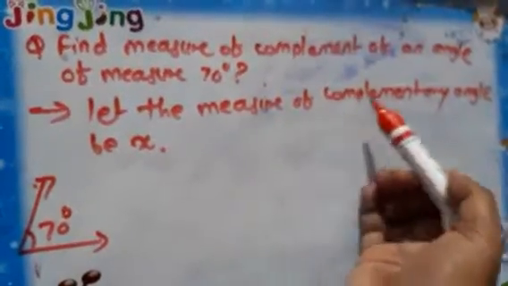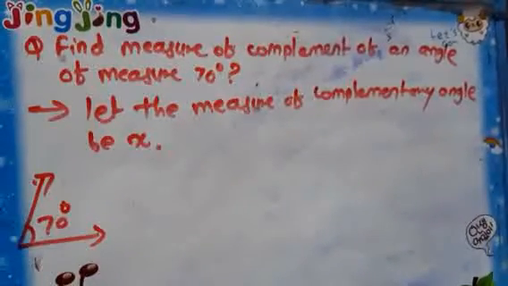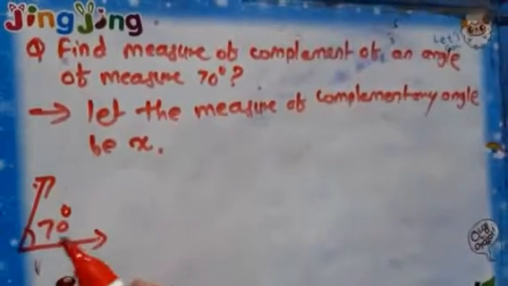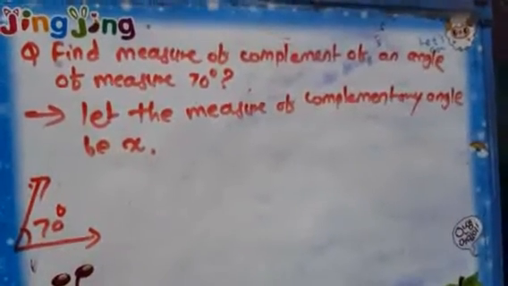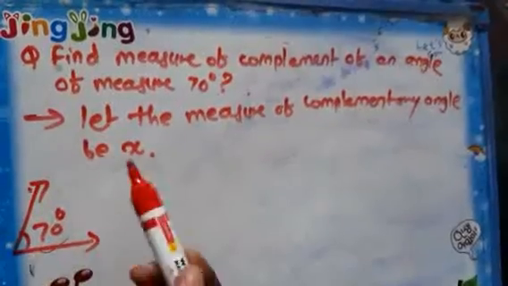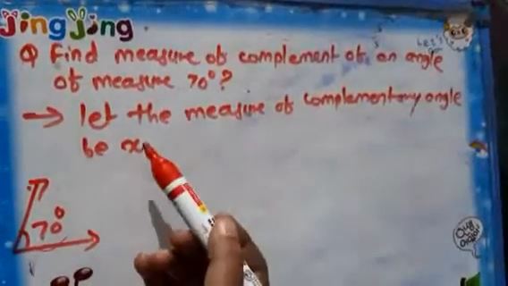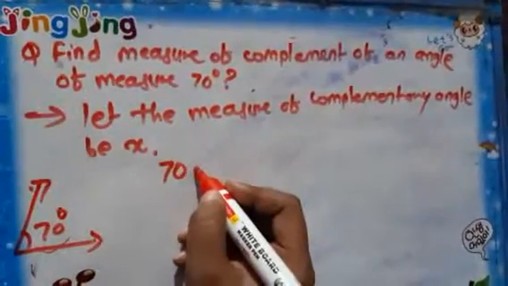Let the measure of the complementary angle be x. Now by definition of complementary angles we know that the addition of complementary angles' measure is 90 degrees. Out of that, one angle is known to you, 70, and the other one is not known, so we have taken it as x. So what will be the equation?